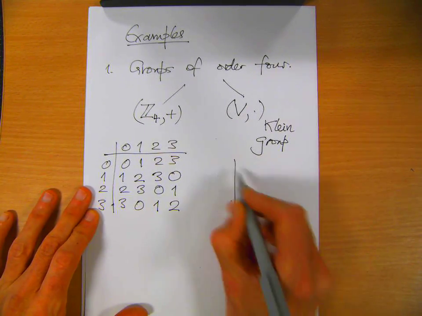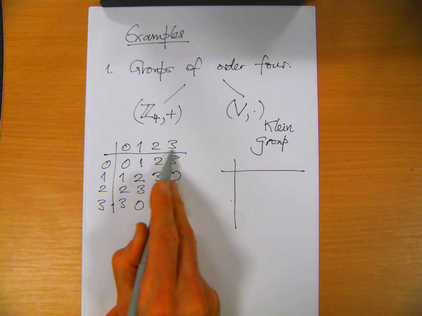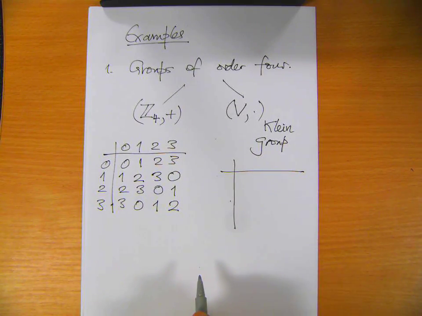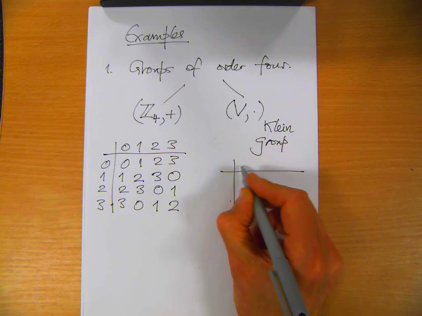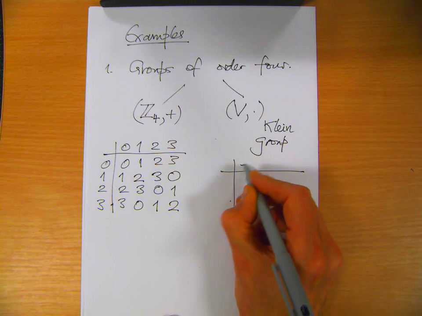And then there's the Klein group. Well, we could use the same symbols, 0, 1, 2 and 3. But I'll probably use different notation just to keep things clear.